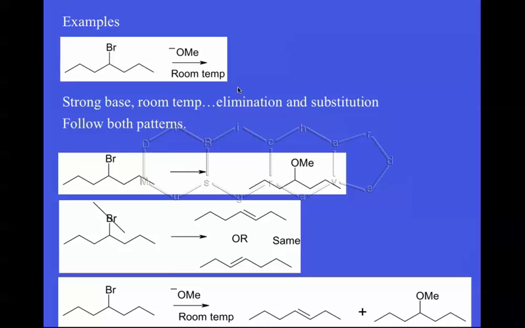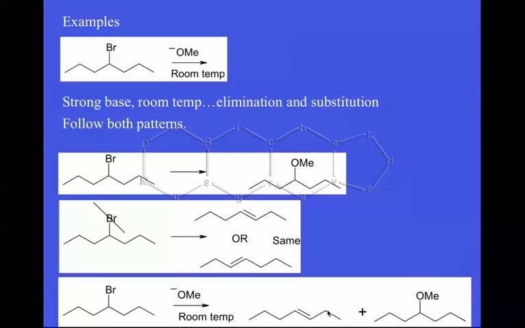Now, as you might expect, let's say we have a strong base in room temperature. The strong base will favour elimination, the room temperature will favour substitution. What this leads to then is a mixture of two products. One for substitution, where the Br gets replaced with the OMe. Now again, remember the negative charge is no longer on the OMe, it got transferred to the Br when the Br left.